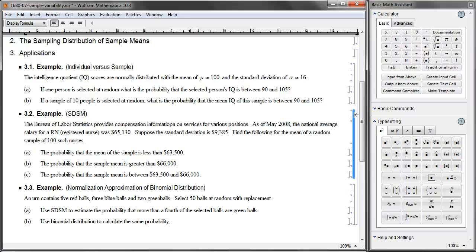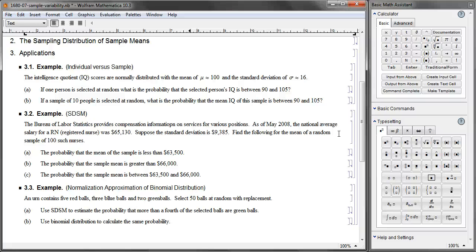Well, the Bureau of Labor Statistics finds all these, and then maybe all the registered nurses have to report their incomes through IRS. So these figures, population mean and the population standard deviation, may be real, but that kind of situation, that kind of circumstance is really rare, to tell the truth.